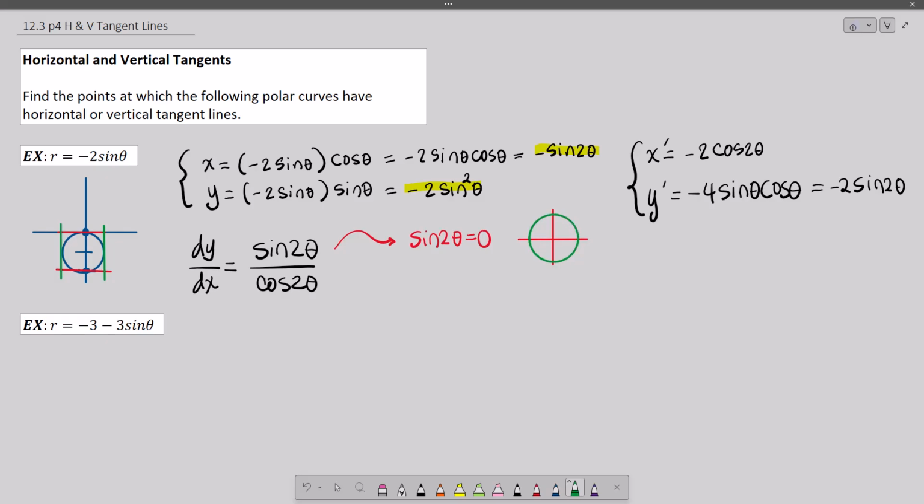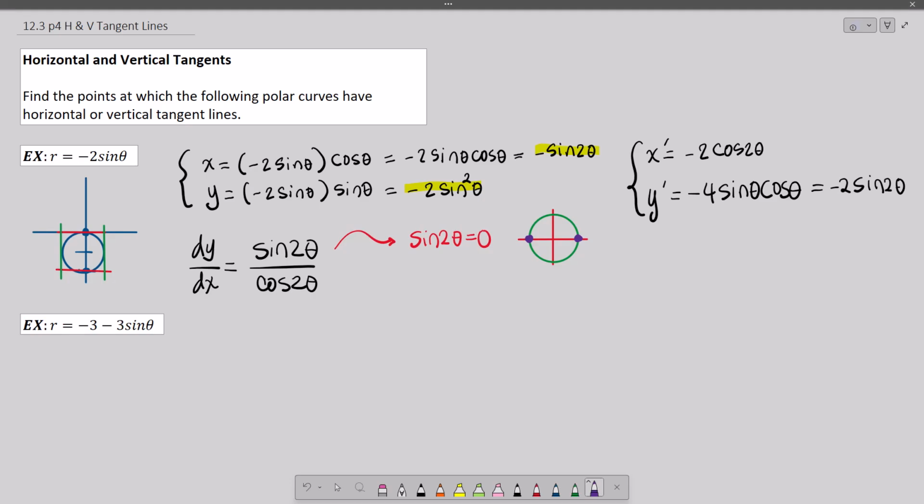So in order for this to be true, 2 theta has to be either there or there, right? So the place at which sine is equal to 0 is either on the left side of the unit circle or the right side of the unit circle. Right? The second coordinate has to be 0.